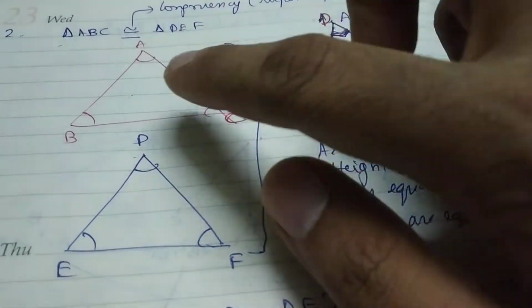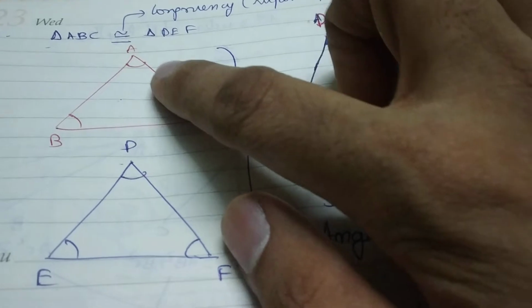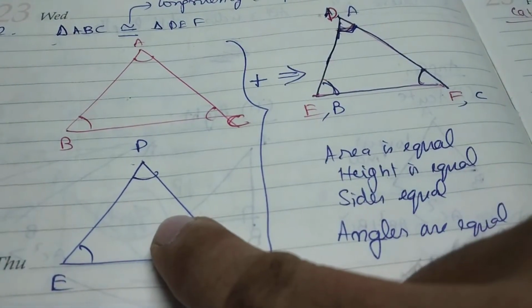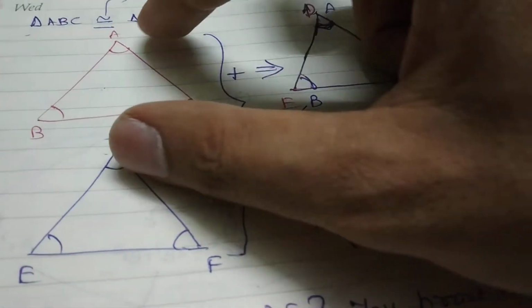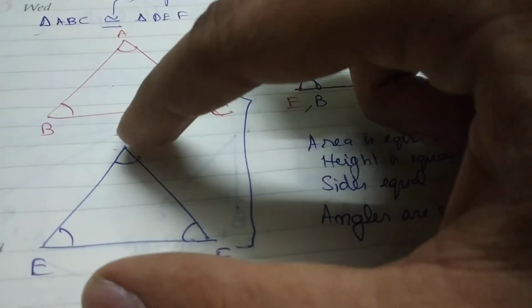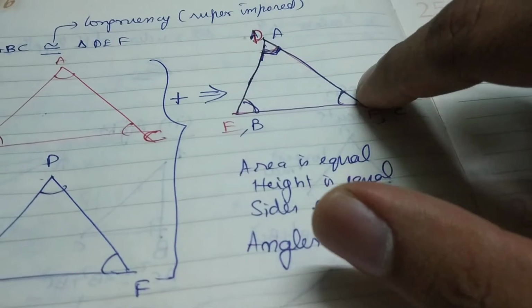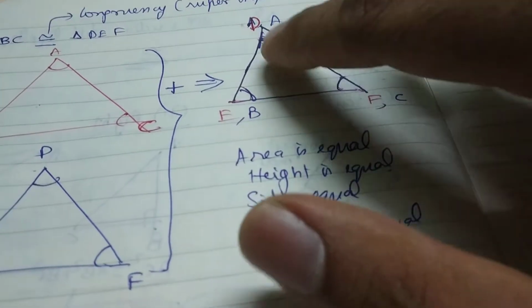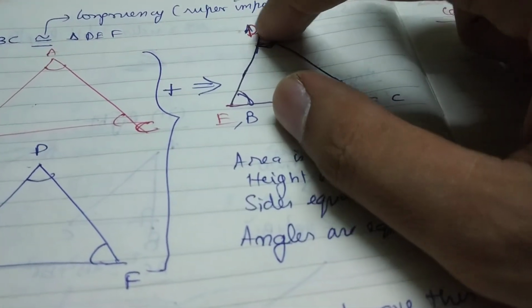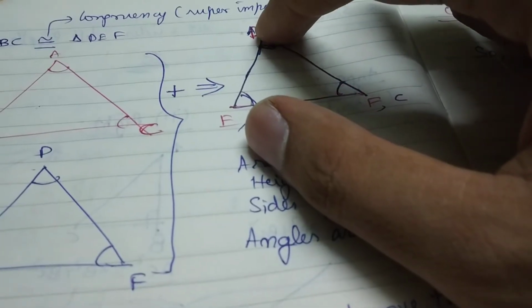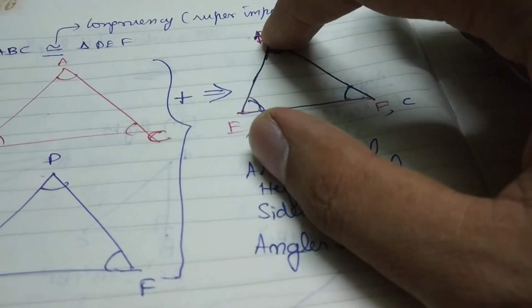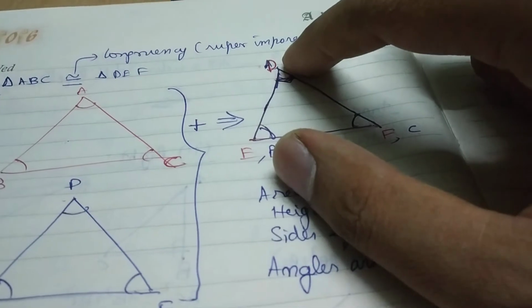See, I have indicated the first triangle using red pen. I have indicated the second triangle using blue pen. So I am placing this red triangle above the blue triangle. So I have mixed both the colors, correct? You can see, you can easily identify the two triangles are placed one over the other in such a way that the first triangle goes completely invisible.